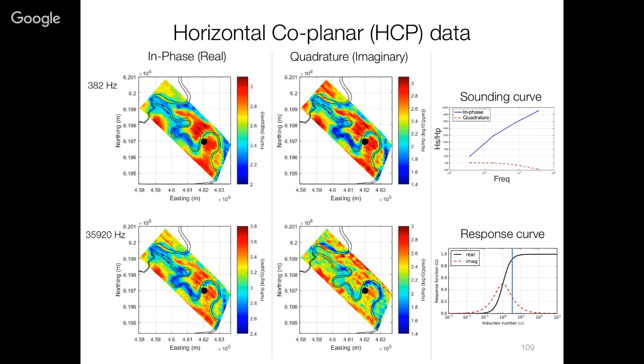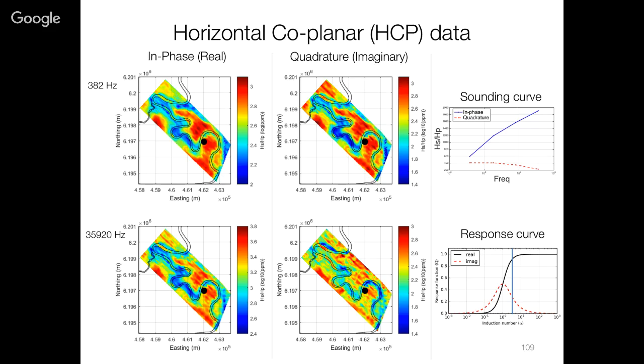So first of all, I'm just going to tell you what each of these are. This is 380 hertz. There's the in phase. There's the quadrature phase. This is a higher frequency, same thing. This is the sounding curve, and this is a response curve. So what sort of information can we glean from that, and what are these pictures telling us, and how can we put it all together?